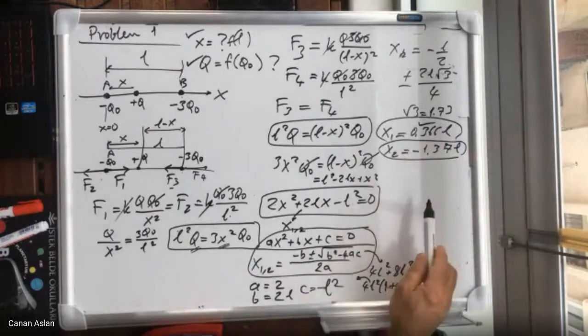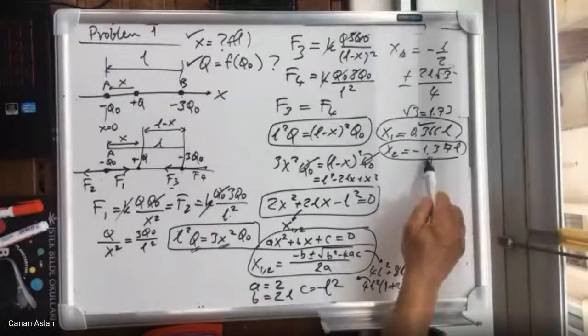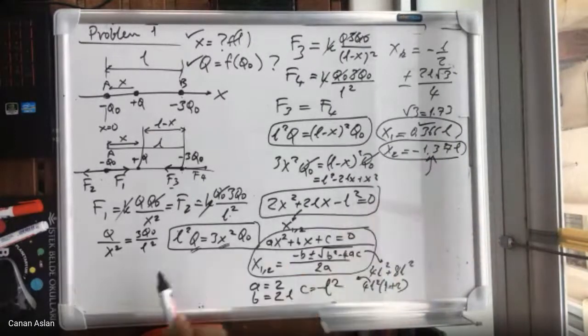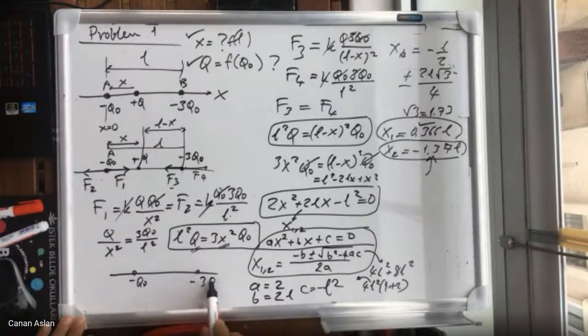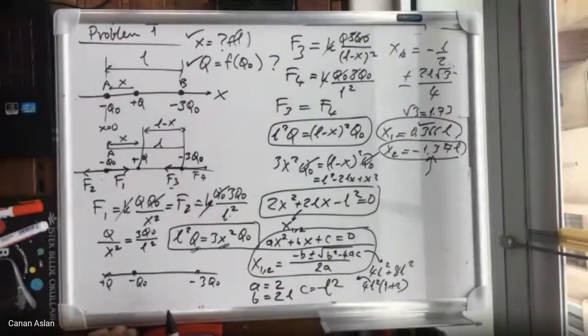Why? Let me explain why this cannot be correct. Because now look at it here. Remember that this is minus Q0 and this is minus 3Q0. If I put this plus charge here somewhere, let's say this is plus Q, let's look at this case now. This plus attracts this minus, so that the force will be to the left between the two.